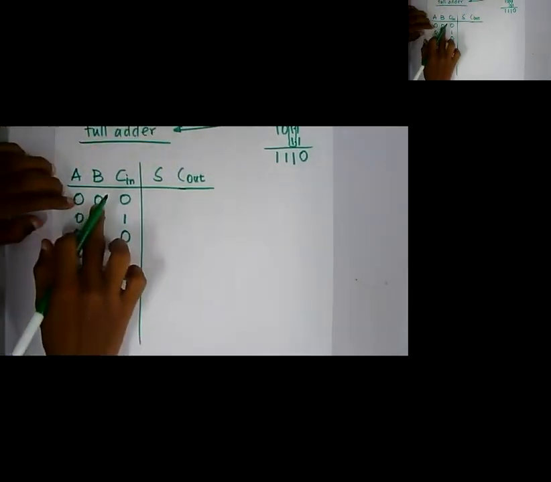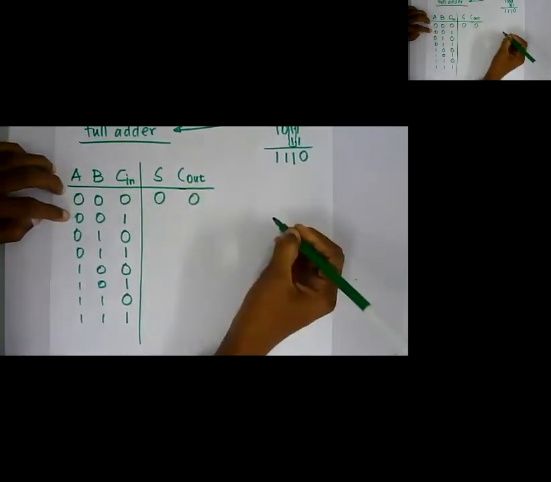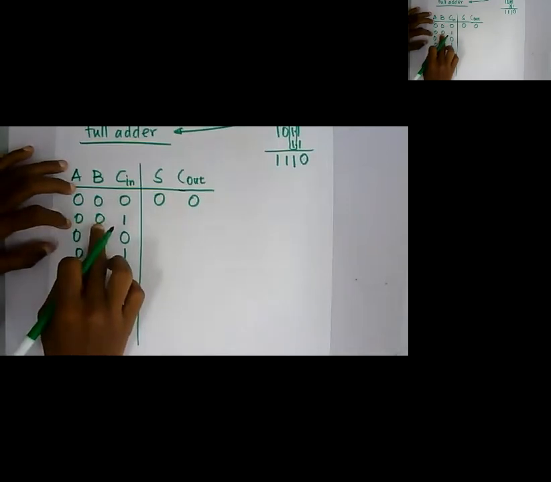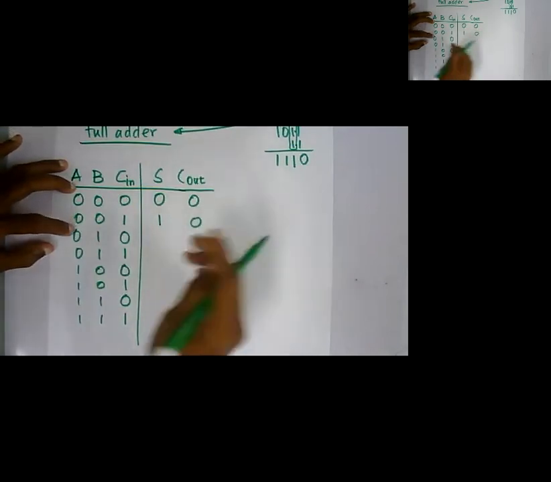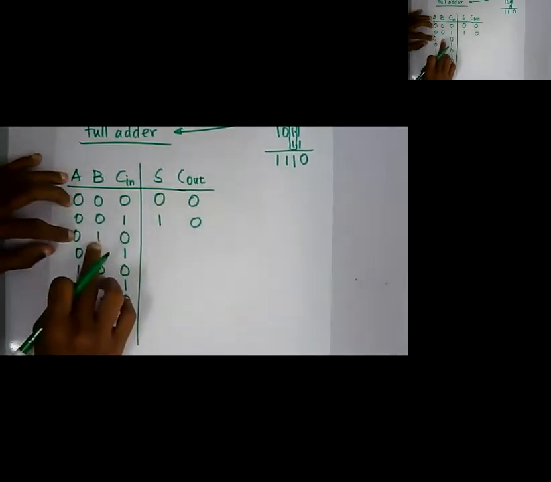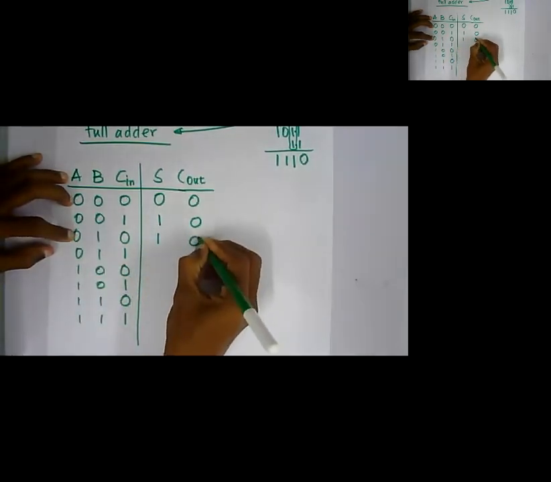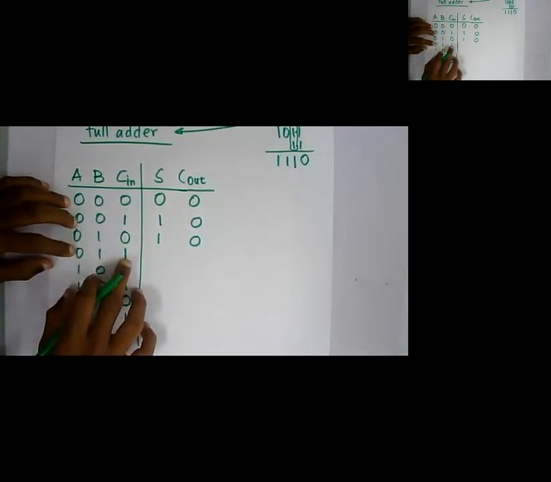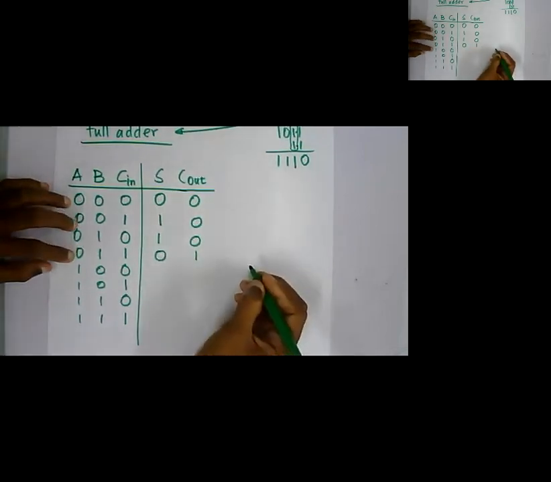Now let me perform the sum and carry. So 0 plus 0 plus 0, so easy. My sum is 0, carry out is also 0. Next one, 0 plus 0 plus 1: my sum is 1 and carry is 0. Again, 0 plus 1 plus 0, my sum is 1 and carry is 0. When it becomes 0 plus 1 plus 1, of course my sum will be 0 and carry will be 1.